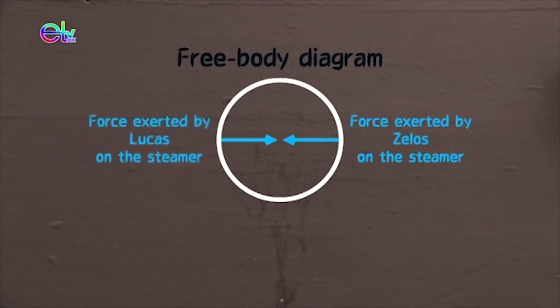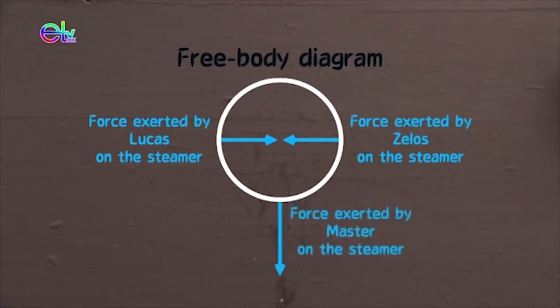We pushed it together after that. The two forces were the same, but in opposite direction. They were balanced. Therefore, the steamer remained at rest there. Then you pulled the steamer. As there wasn't any other force to balance it, the steamer moved towards you in a non-uniform motion, right?